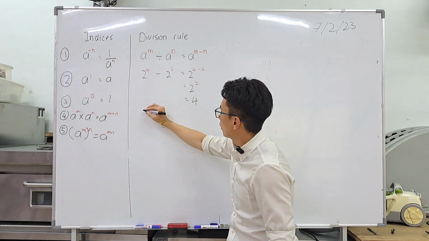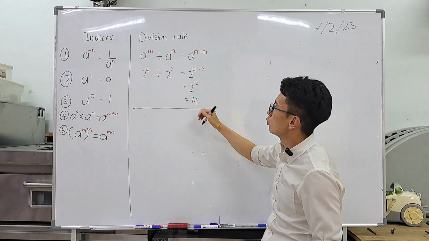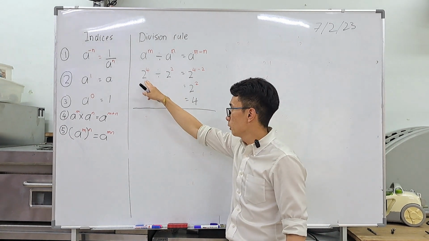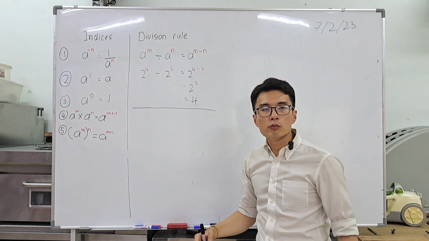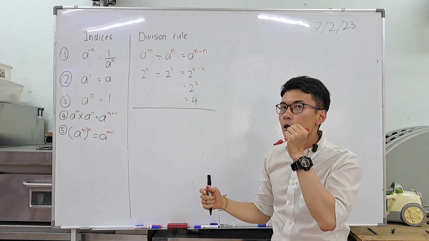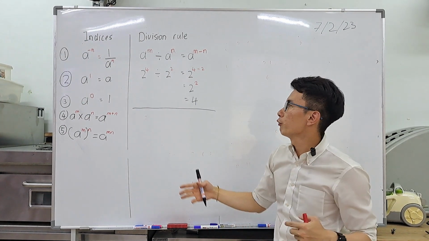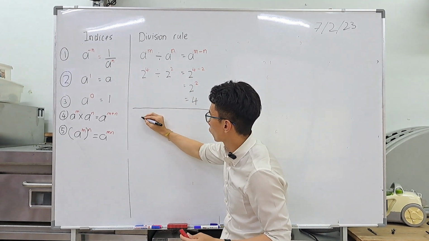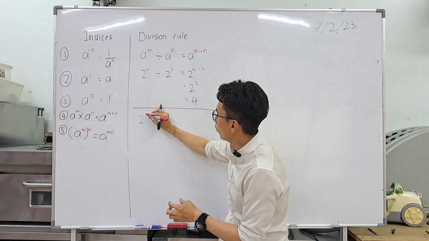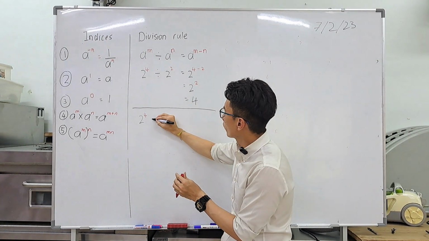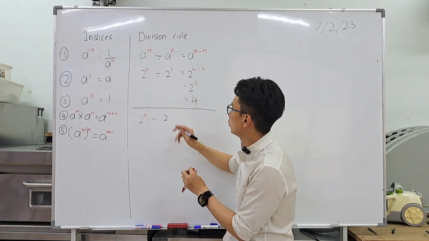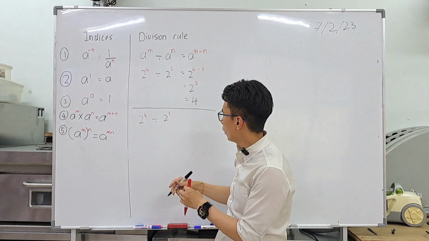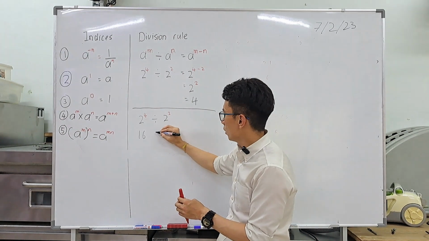If you do not know about this division rule, you can just expand this number and this number individually, and then check what you get after you run the operation. Let's do this very quickly. 2 to the power of 4 divided by 2 to the power of 2. 2 to the power of 4, I should get 16.